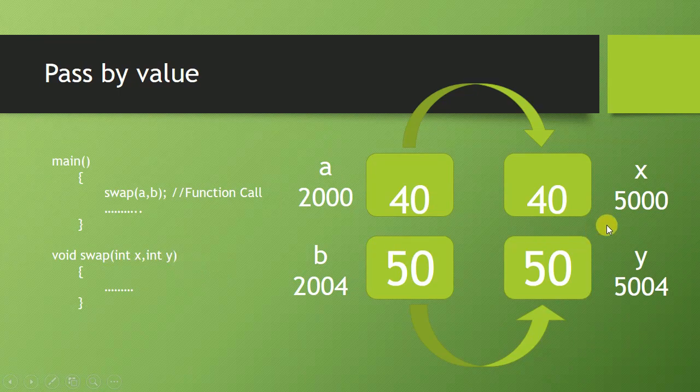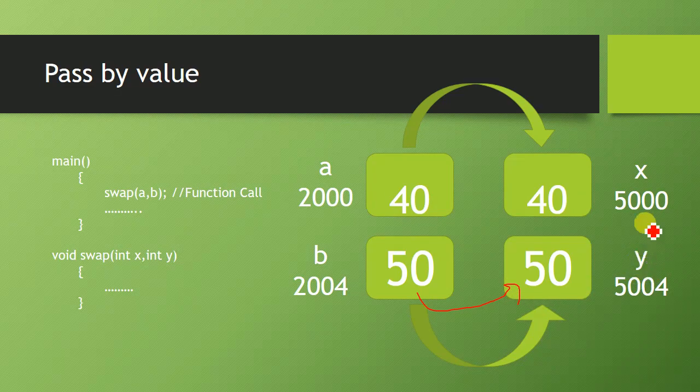The x and y variables in the called function are at addresses 5000 and 5004. With pass by value, the value of a, which is 40, is sent to x, and the value of b, which is 50, is sent to y.